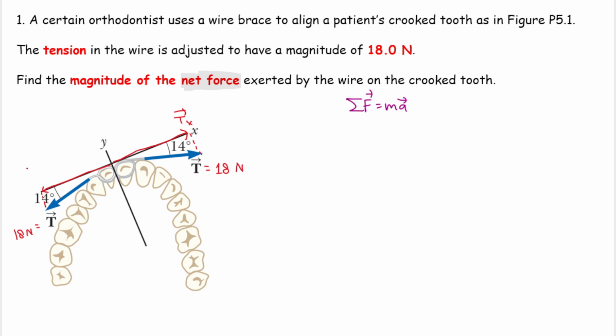So we will have Tx also there, right? But then we can also project this force to the y direction. Let's use green maybe. So we will have this one here, the left one, which is our Ty.